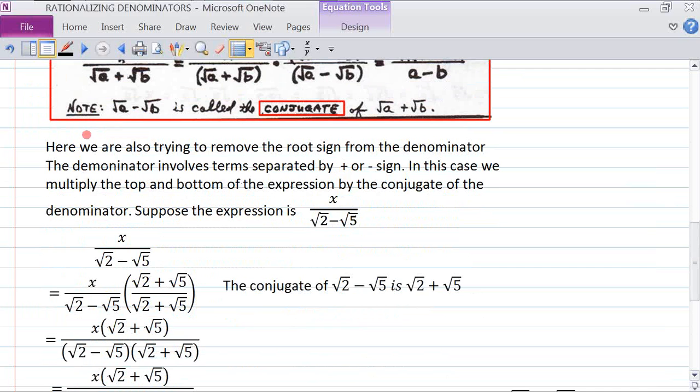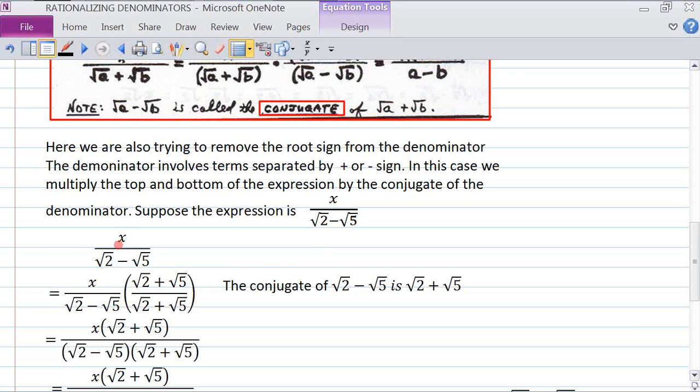So here we're also trying to remove the root sign from the denominator. The denominator involves terms separated by a plus or minus. In this case, we multiply the top and bottom of the expression by the conjugate of the denominator. When you do the conjugate, it's always the opposite sign of what is here. So let's say I wanted to simplify x over root 2 minus root 5.